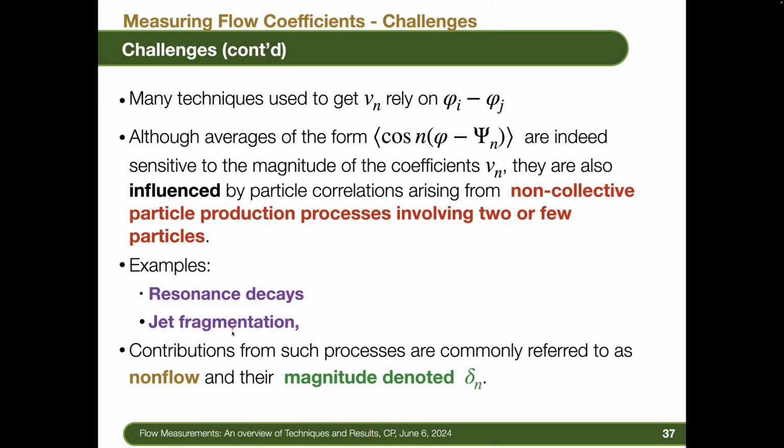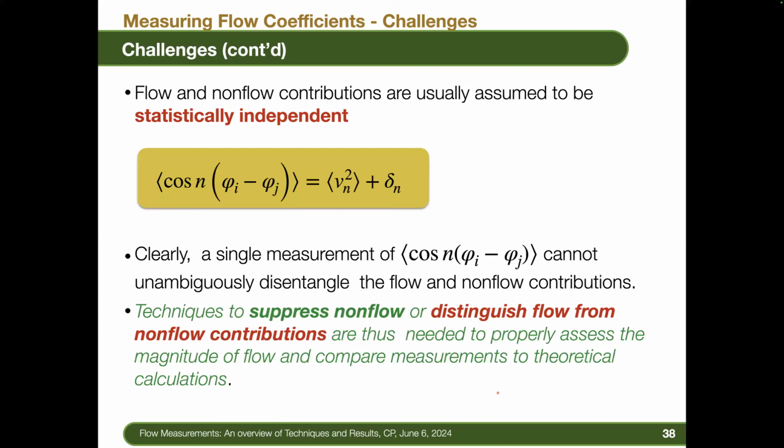That means there will be a contribution to the correlation functions that is not associated with the geometry, and we will call these non-flow, denoted by the delta symbol sub n.